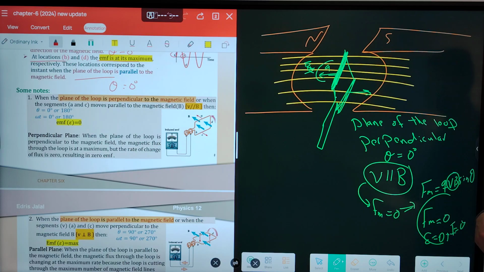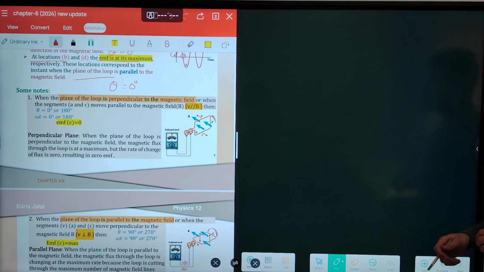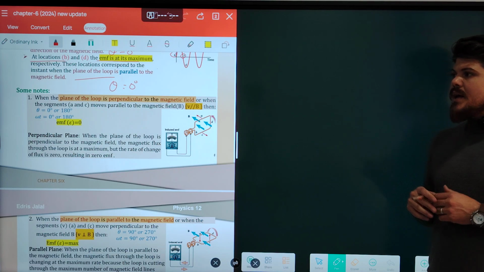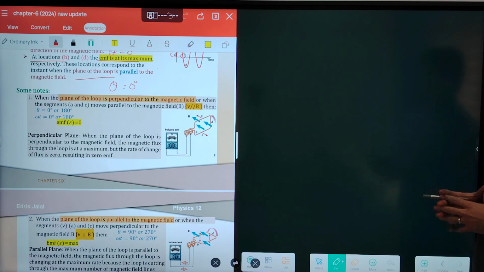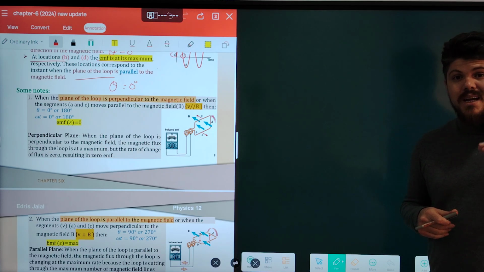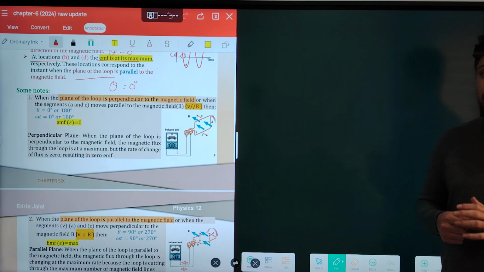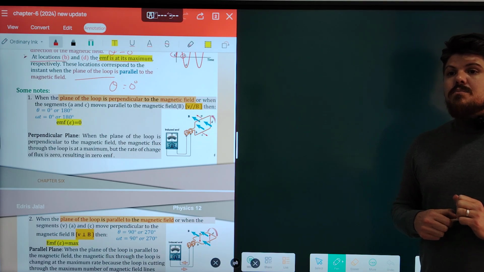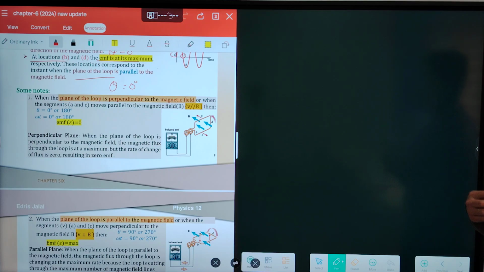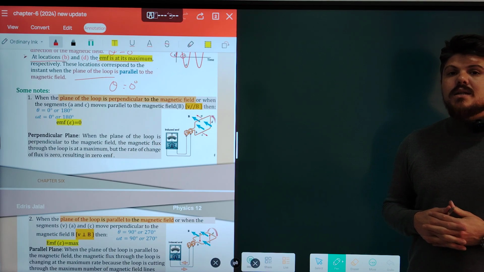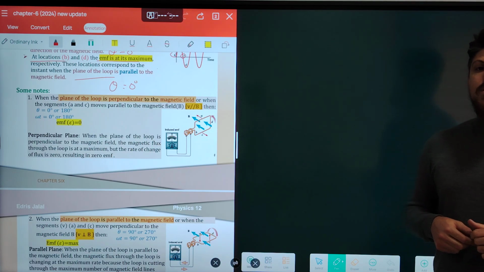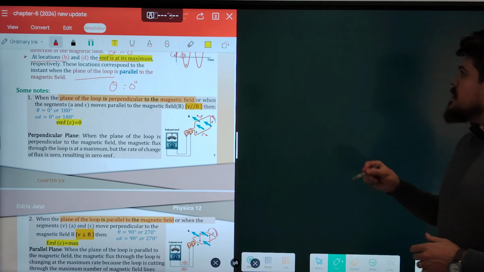But when the plane of the loop is parallel to the direction of the magnetic field, the angle between the normal and the magnetic field becomes perpendicular, and the segments A and C become perpendicular to the magnetic field. The magnetic force becomes maximum because force is QVB sine theta, the angle between V and B is perpendicular, and sine 90 is maximum.